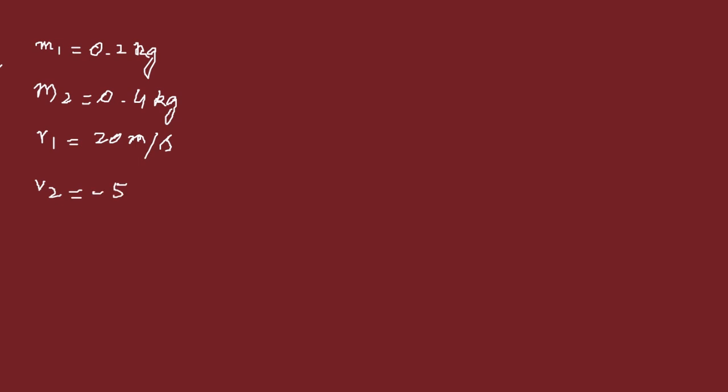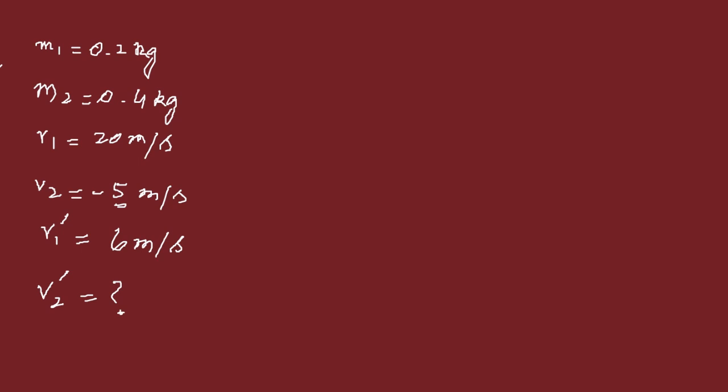I have given the reason why we have taken the negative sign with this 5 meter per second. And the velocity of the first ball after collision, v1 prime, is 6 meter per second, and the velocity of the second ball after collision is v2 prime. We have to calculate this velocity.